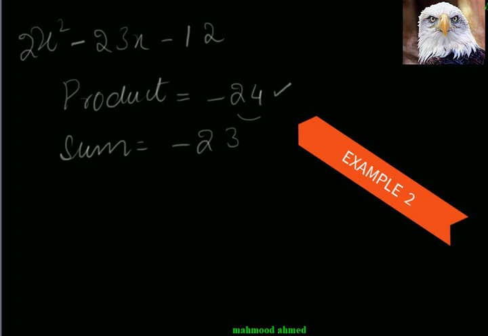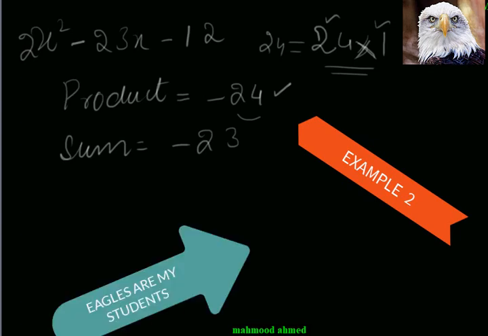Now again I wrote all the pairs of 24: 1 times 24, 2 times 12, and so on, and if you multiply you get 24. If you add or subtract, one chance is 25. 25 you can get only if you put the same sign. So we need minus 24.